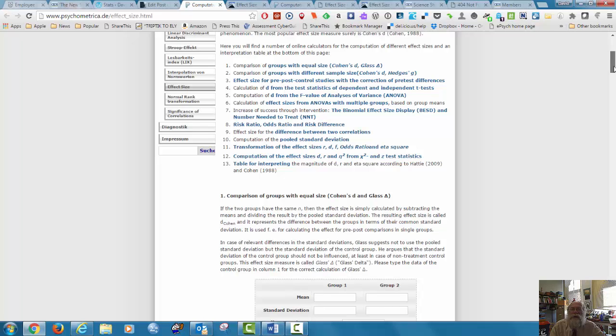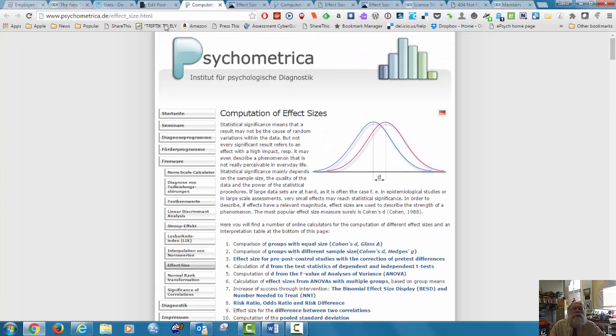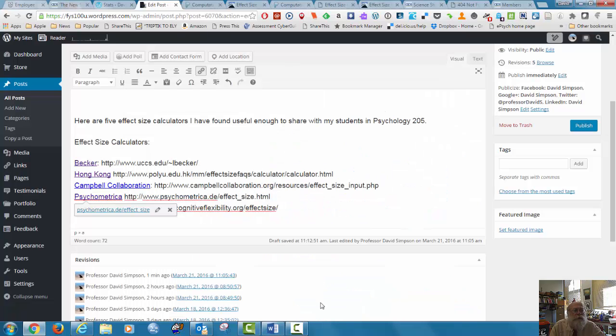There's your Cohen's d and your Glass's when you have different samples. Pre-test, post-test control with the corrections. So this is getting at some of the controversy about what is the right way to do this when you have a related groups design. I'll speak to that another time because I don't want to make this screencast too long.